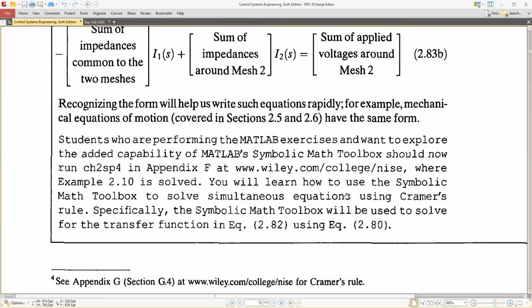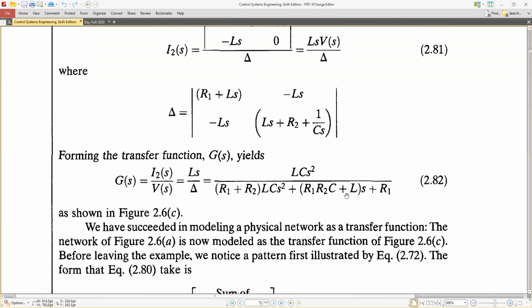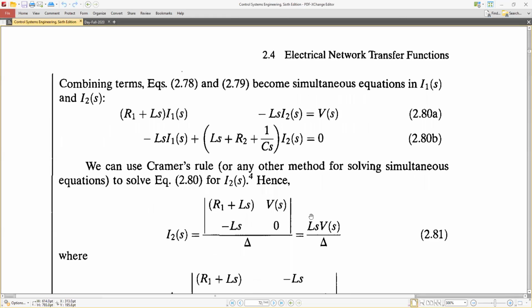Okay. Now, according to Cramer's rule, I2s: whenever you consider I2s, write the coefficients of the first line here, but do not consider I2s.